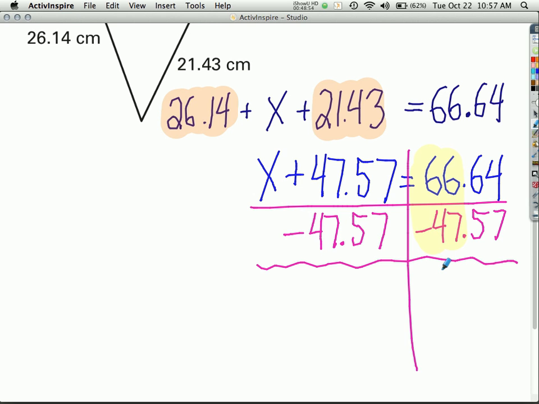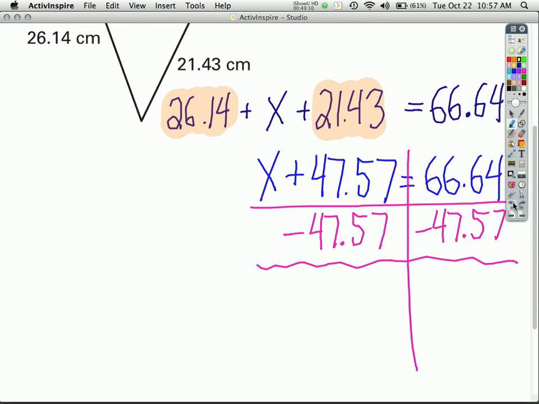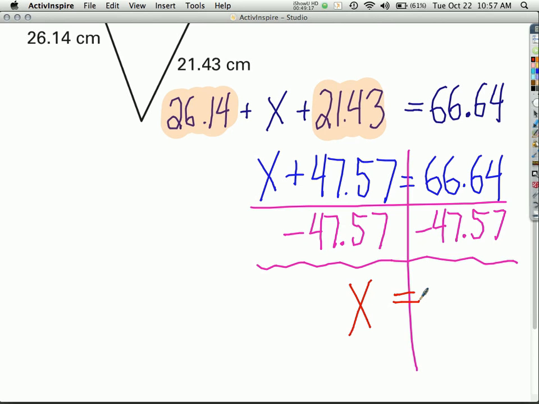What I do in my head is, since that's a 47, I change that to a 67, and I say 67 minus 47 is 20. He knew it was 19. So I know that this answer is going to be somewhere near 19 or 20. So now when I punch a number in the calculator, if I punch in something wrong, I'll know it because the answer doesn't really match my estimate.